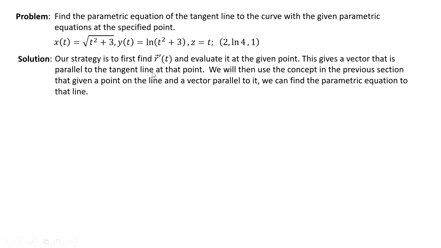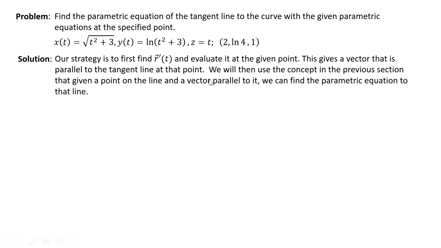Pause the video and read that point carefully. When we find r prime of t, this gives a vector that is parallel to the tangent line at that point. Is that true? Yes, it gives us a tangent vector, which is nothing but parallel to the tangent line. In fact, when I say parallel, it falls right on top of it in this case.